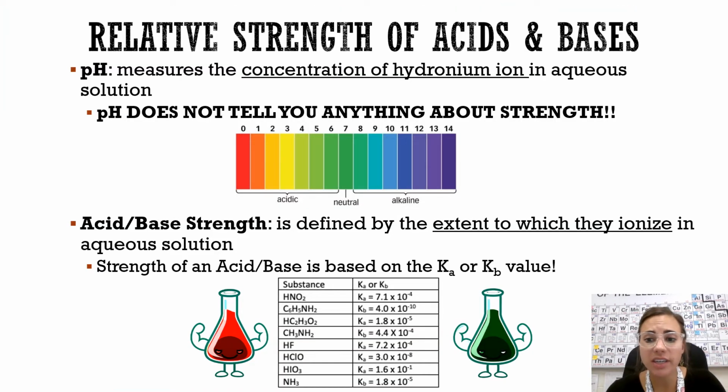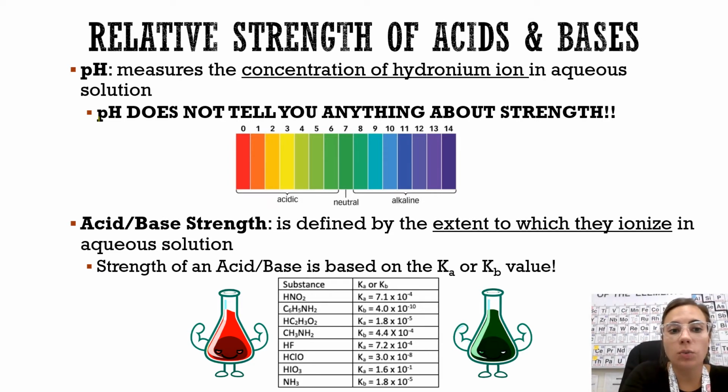So the first thing might be one of the most important concepts for you to get straight in your mind. pH is a measure of the concentration of hydronium ions. That's it. So all pH does is measure how much H3O+ is in a solution. It does not tell you about strength, okay?